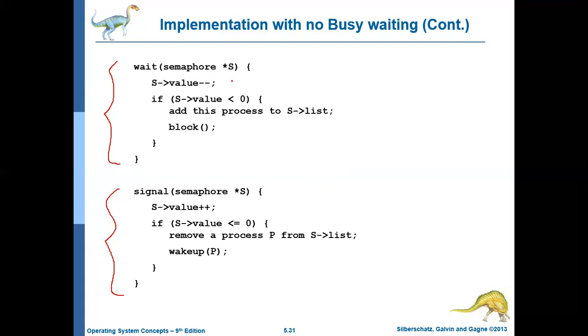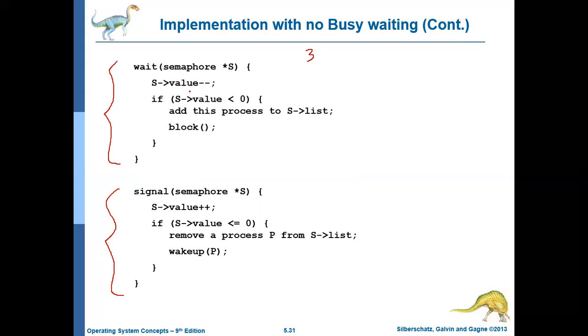The value will be initialized with the number of resources available. So initially if three resources are available, then s arrow value will be 3, and it just decrements s arrow value. After decrementing, it checks whether it has become less than 0 or not. It's not checking less than or equal to, just less than 0.